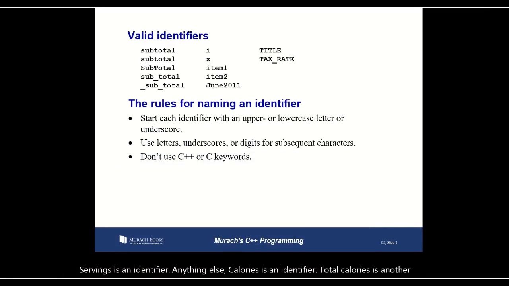So the valid identifiers are something like this: subtotal. You can have i. You can see it can start with an underscore symbol. It can have some numbers after you have a character to start with. It can have an underscore in between.